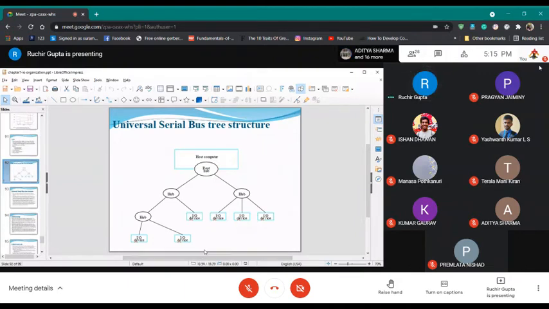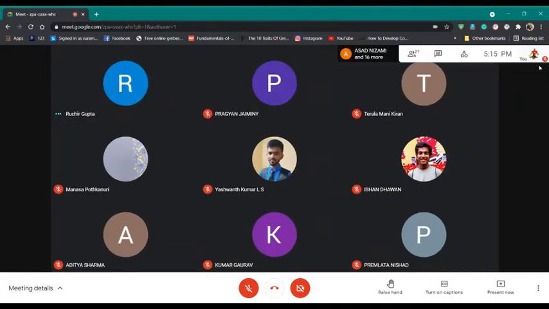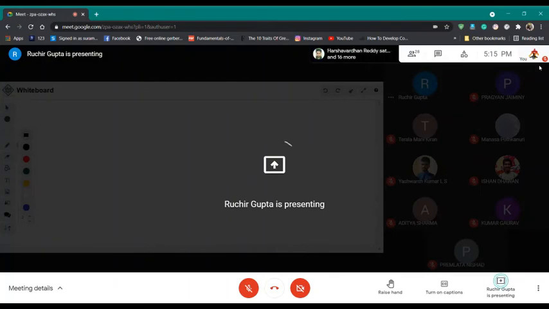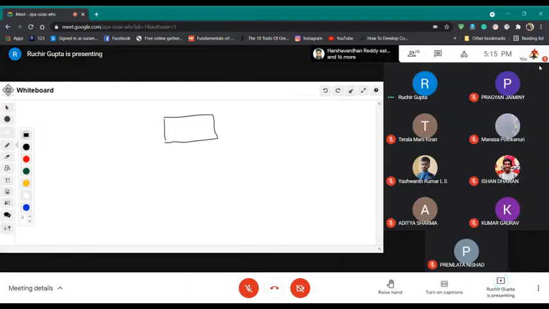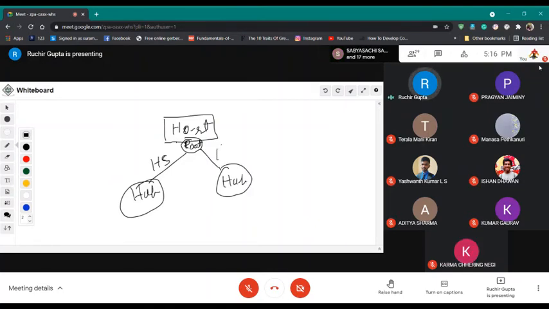And then there may be a condition that there is a host computer, and then there is a root, and then there is a high-speed link, and then there is a hub, and then there is another hub, again connected with high speed.